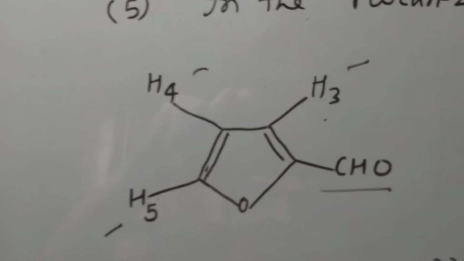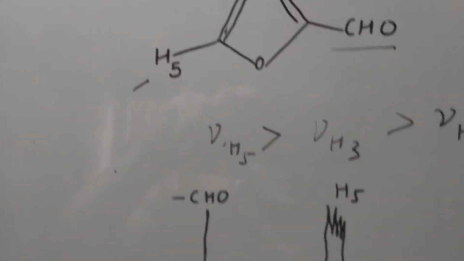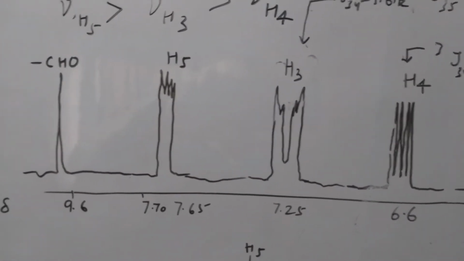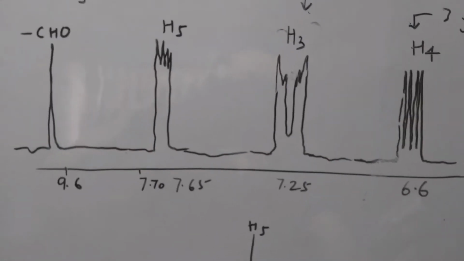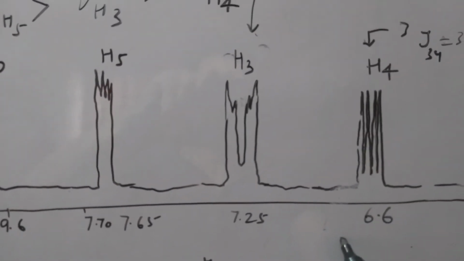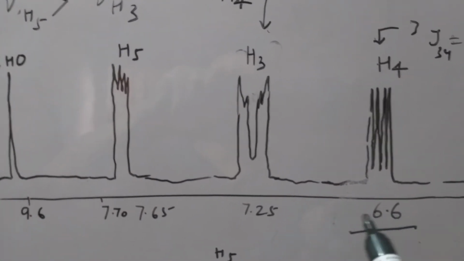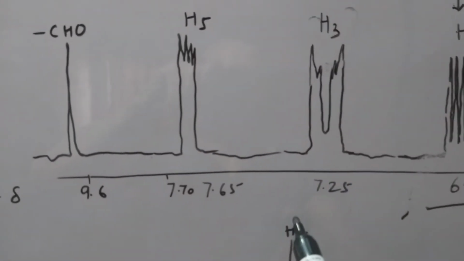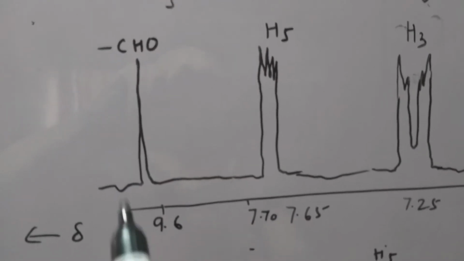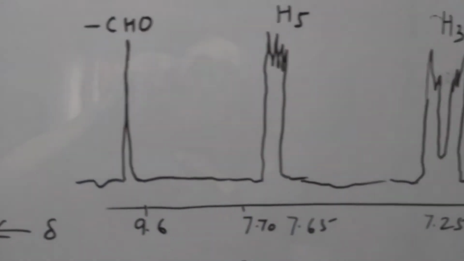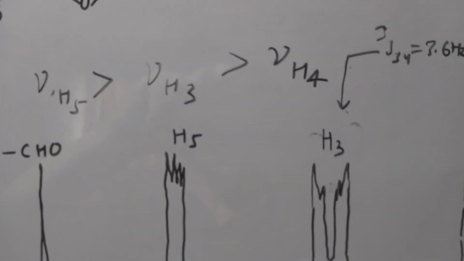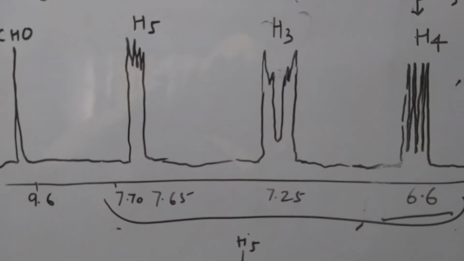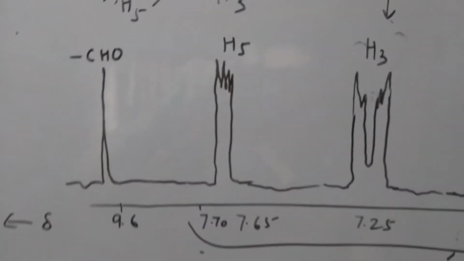We expect a total of 4 signals in its NMR spectrum in the following diagram. This is the signal at the 6.6 delta value from the proton H4. This is from H3, this is from H5 and this is the singlet peak from the CHO. Here these three signals together constitute an AMX type of system. We are not considering this one.